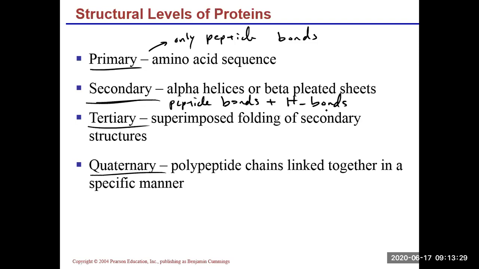All right, and tertiary structure is peptide bonds plus hydrogen bonds plus other bonds.